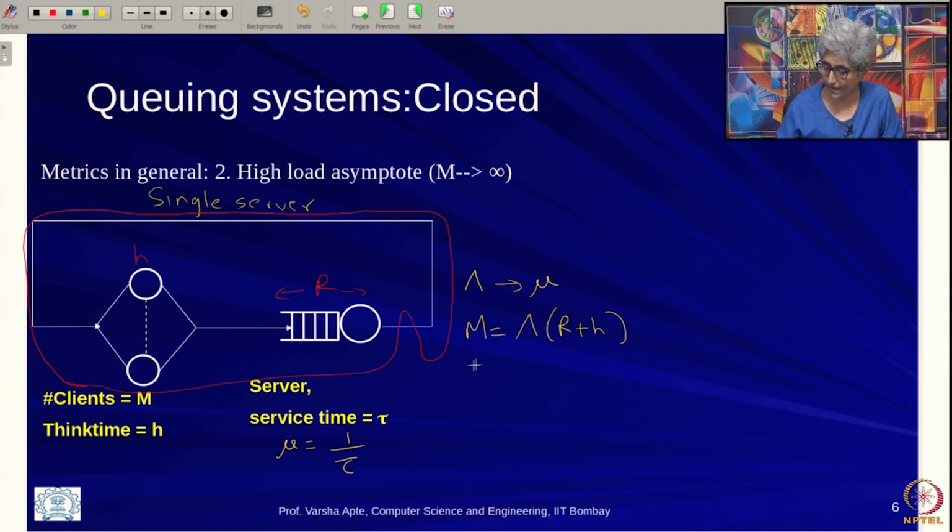So, as m tends to infinity, we have m is equal to mu times (R plus H), right, that is one difference. We can say that this throughput we can now replace by the parameter mu.